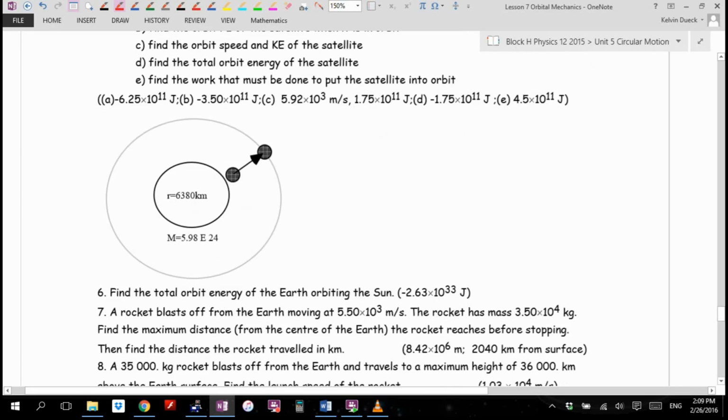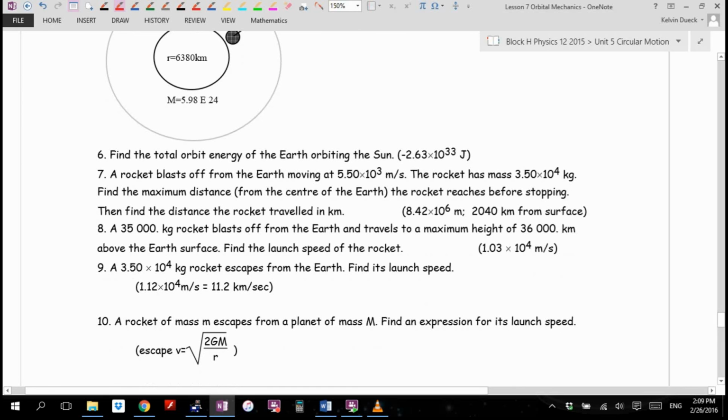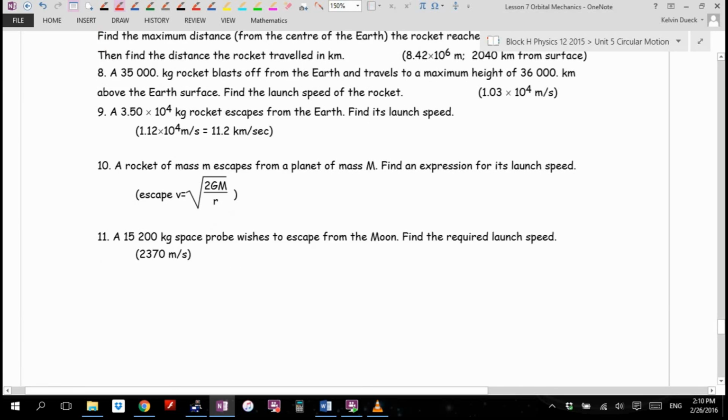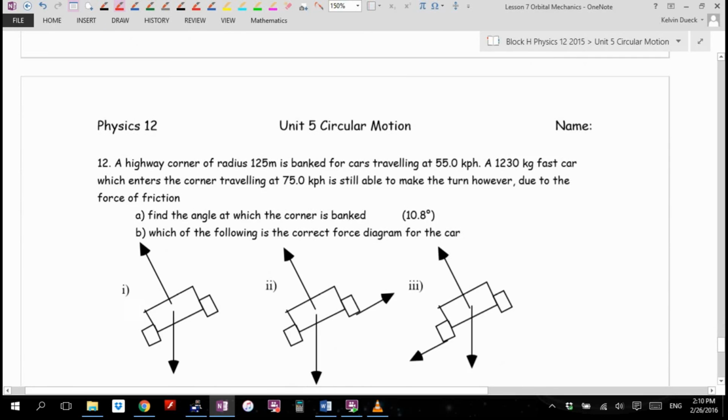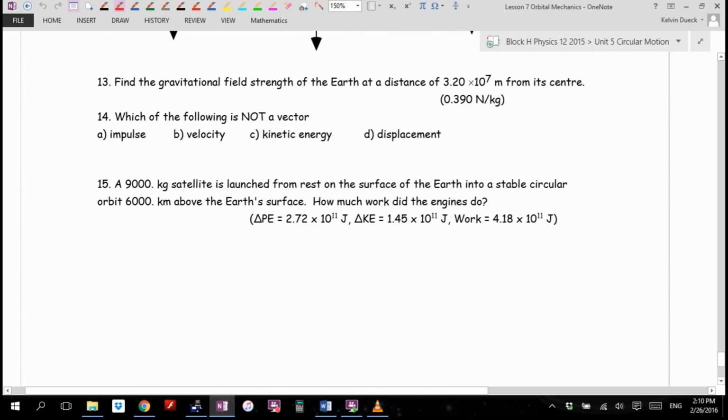Yeah, 5 is a chunk. Seven. Fifteen. I'm skipping a bunch.